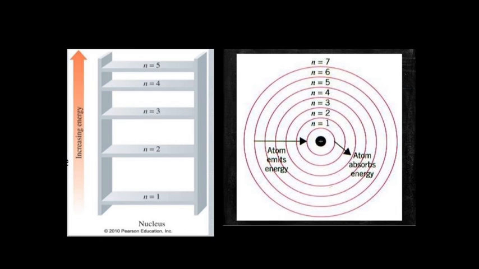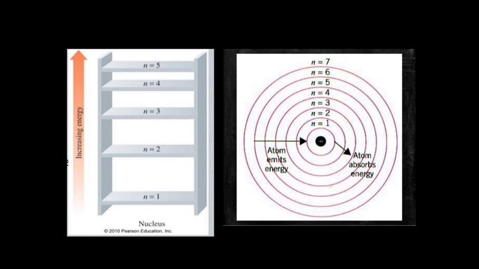If you take this diagram, you can see on the right the nucleus, then one round which denotes n is equal to 1, then n is equal to 2, n is equal to 3, n is equal to 4, n is equal to 5, n is equal to 6 and 7. When you take the energy from n=1 to 7, energy will be increasing.